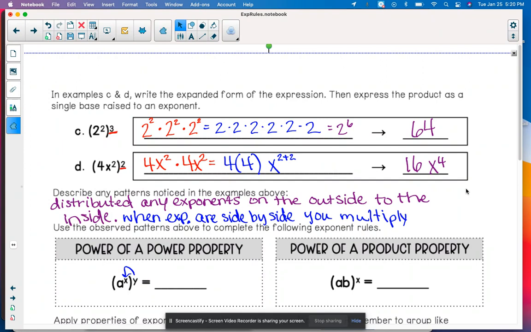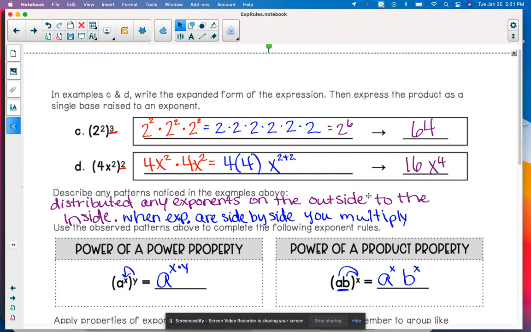Similar to that distribution. So a to the x times y. And then whenever I have a power of a product, so there's more than one thing on the inside, both bases get the exponent. So I would have a to the x, b to the x.